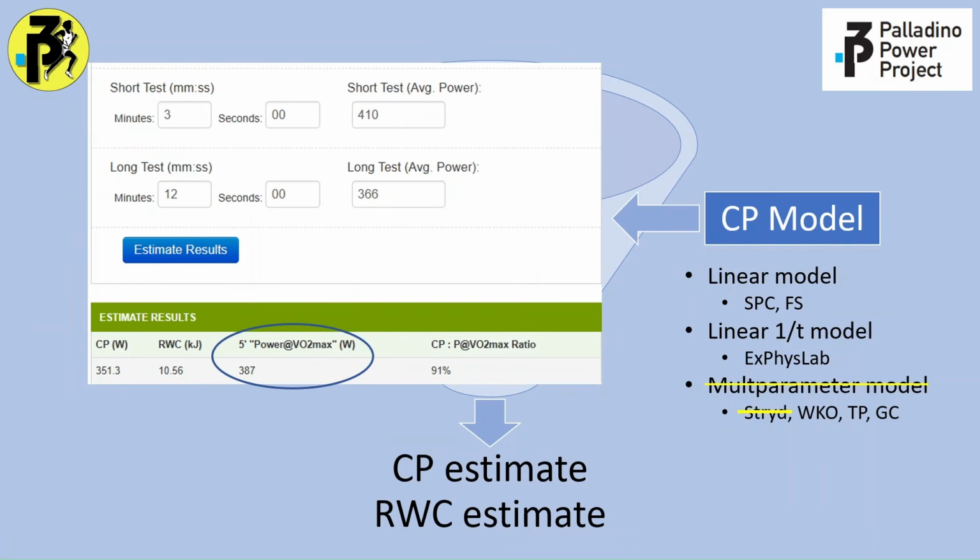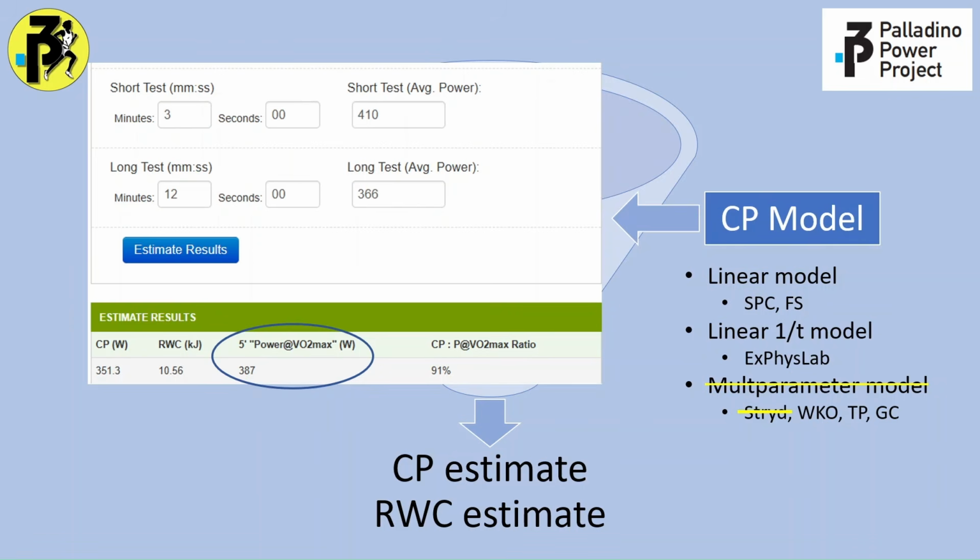We can also, from that, estimate the 5-minute power, which is a surrogate for power at VO2 max. Again, as I said earlier, that surrogate power at VO2 max is going to be typically within 2% of what you would get if you did a graded exercise test and found what power coincided with your VO2 max.